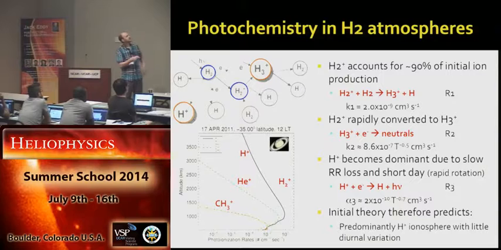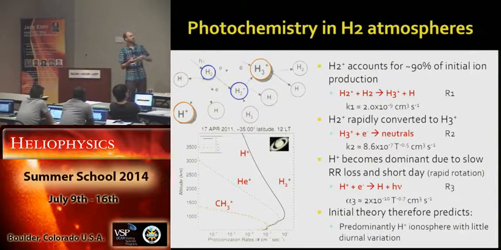You also produce some amounts of H+. But remember, as I said, radiative recombination is a very slow loss process. And so what happens is, as you rotate, there's a short 10-hour day, say at Saturn, and so you don't have a lot of time for loss during the Saturn night, just 5 hours. And very quickly the sun comes back up. And so slowly over time you build up a significant amount of H+ ionization, even though less than 10% of the initial ionization goes to H+.